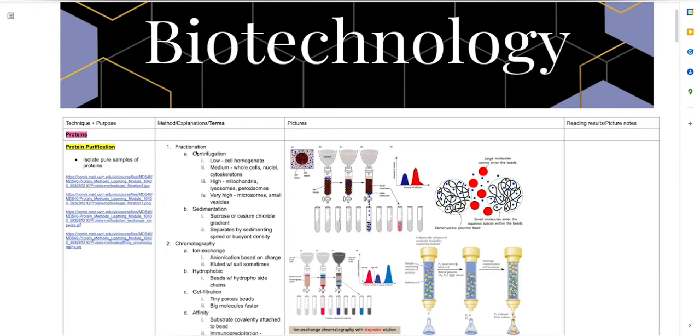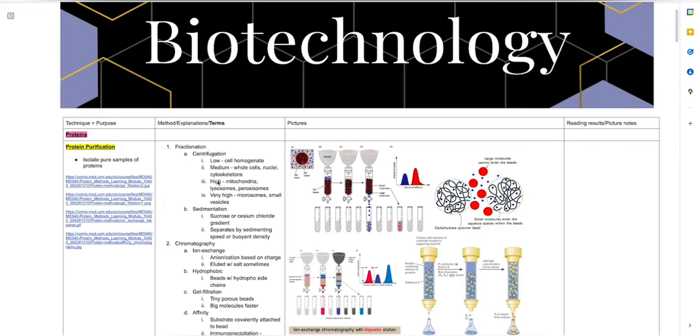And you'll need to separate what you get out of that more, and you can use centrifugation or sedimentation to do that. So a centrifuge is basically a machine where you can put a tube of stuff in, like a suspension of cells or some blood, and have it spin around really fast.